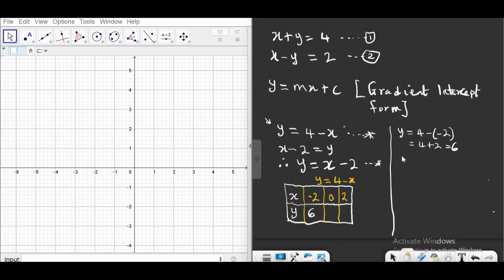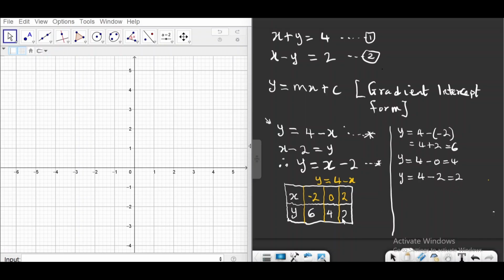When x is 0, I will substitute 0. So I'm going to have 4 minus 0, and this gives me 4. And again, when x is 2, I'm going to get 4 minus 2, and that's 2.